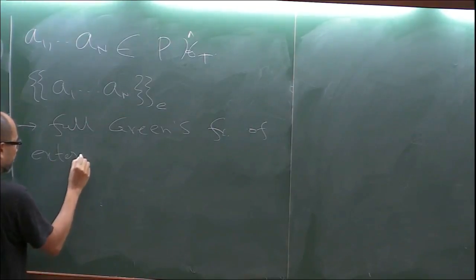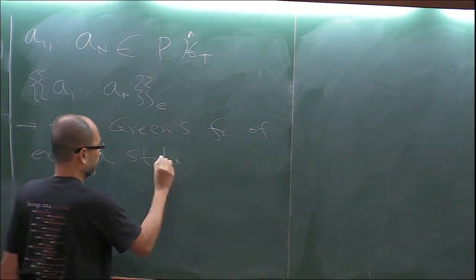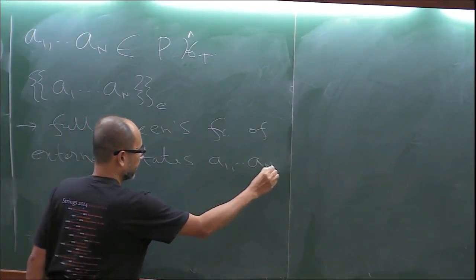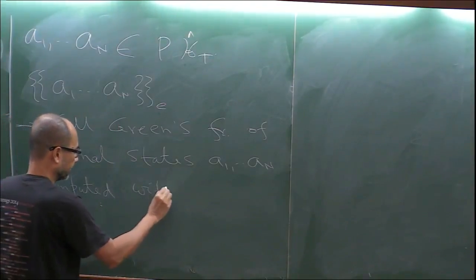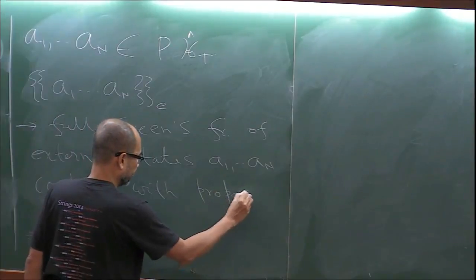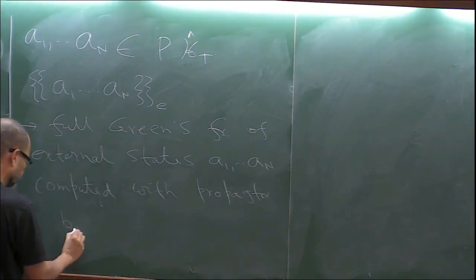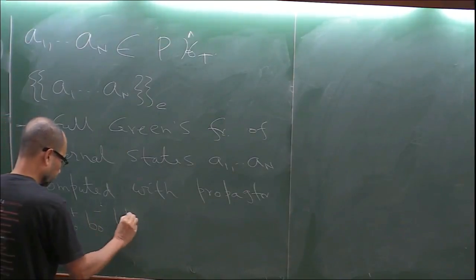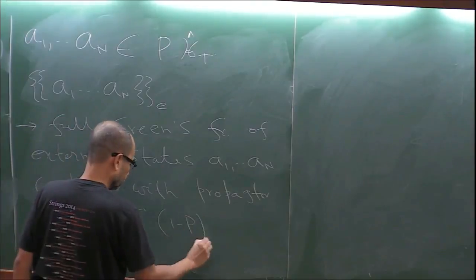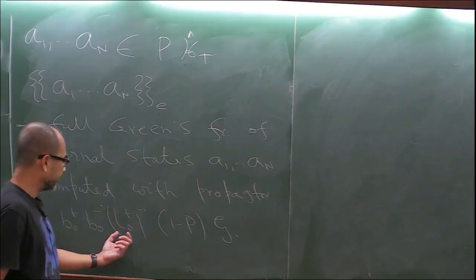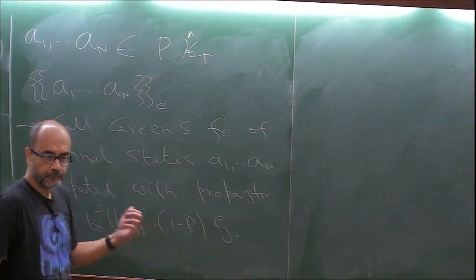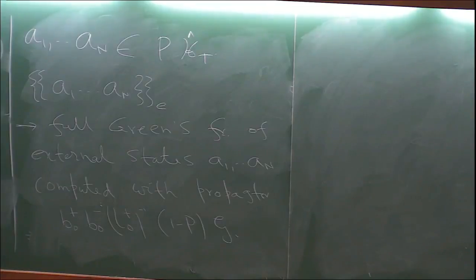of external states A1 to An computed with propagator... So the Siegel gauge propagator was B0 plus B0 minus over L0 plus, inverse G. I just inserted 1 minus P. Which means that the states that you are summing over in the internal lines are outside the P invariant subspace.